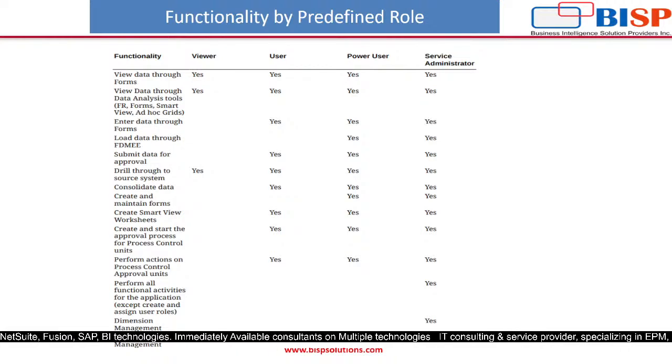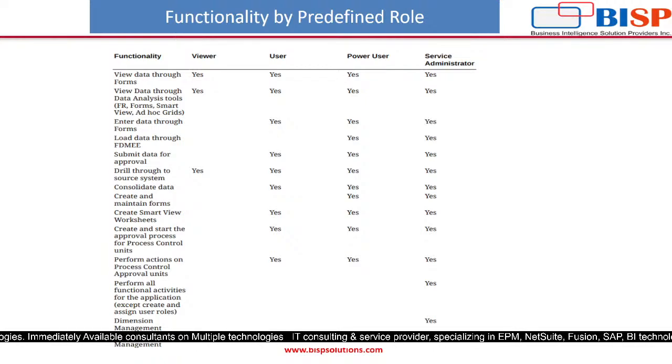Member formula is also the sole responsibility of the service administrator, and performing all the functional activities for the application is also performed by the service administrator, but he cannot create and assign user roles. This will be performed by the main administrator.